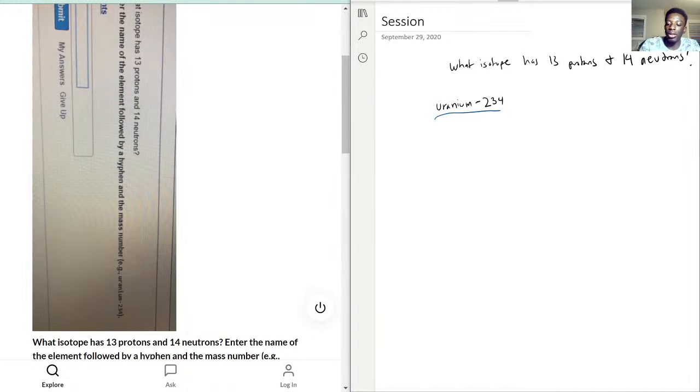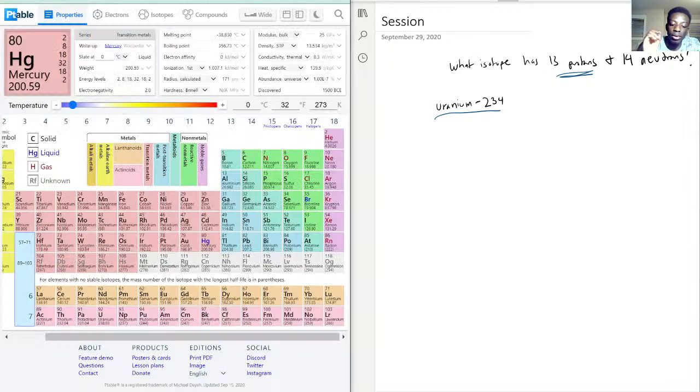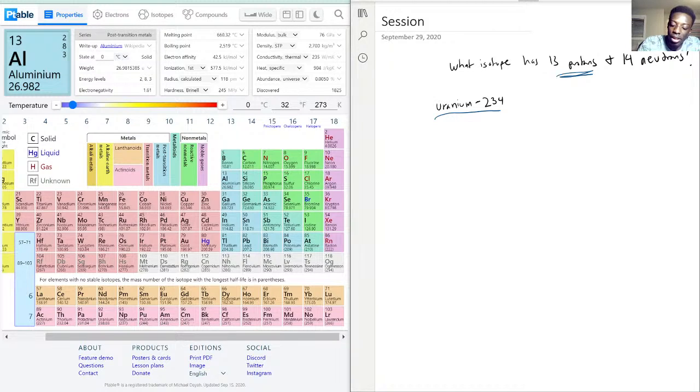That's what the answer will look like, supposedly. So we start like that. 13 protons tells us our element. So if we go to the periodic table, what has 13 protons? That will be aluminum. So right now we have aluminum, but now it says 14 neutrons.